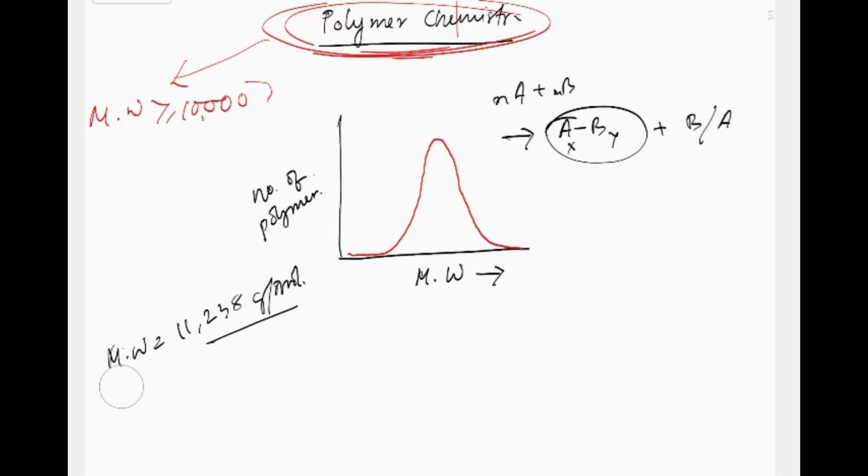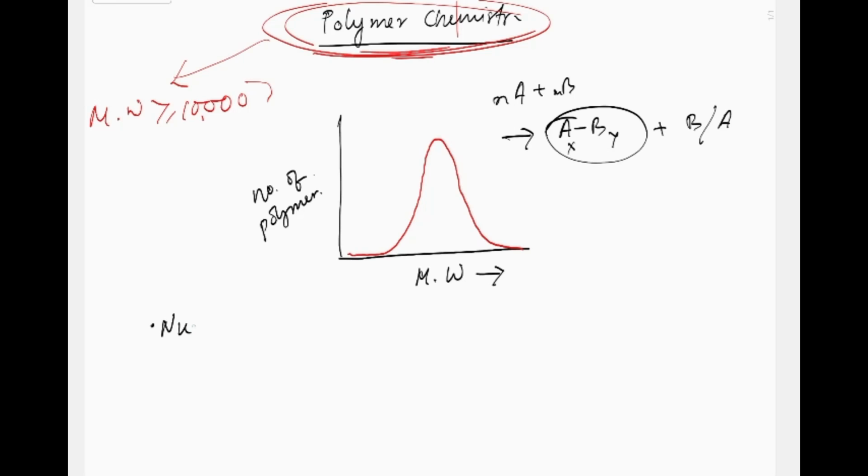There are different methods of calculating average molecular weight, and due to these different methods, we have different classifications of molecular weight as well. Molecular weight of polymers is classified into mainly two categories that are important for your exam purpose also.